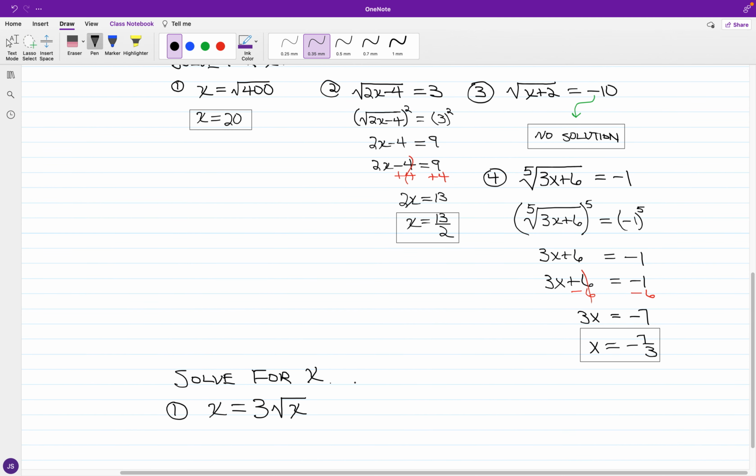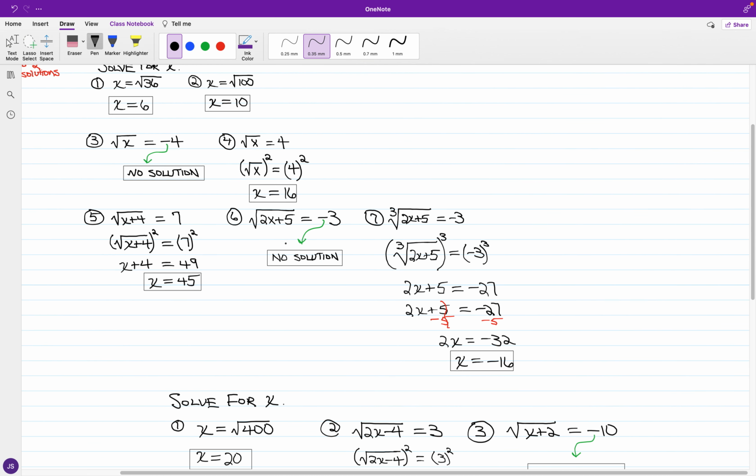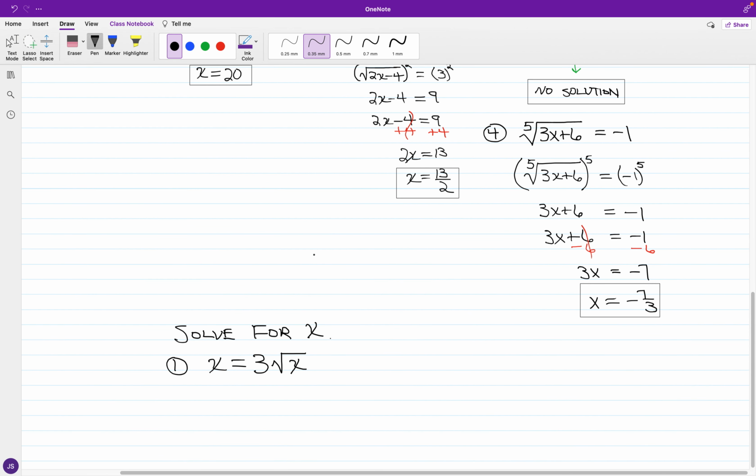If you notice, so far throughout the examples, we've had the radical terms isolated. Technically, you can isolate the square root of x upon dividing by 3.